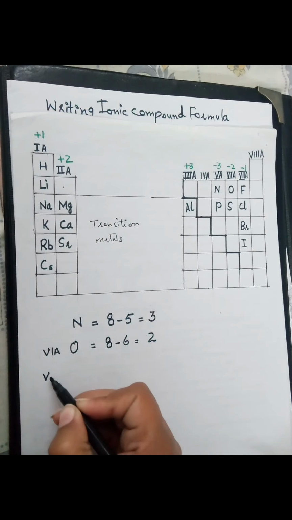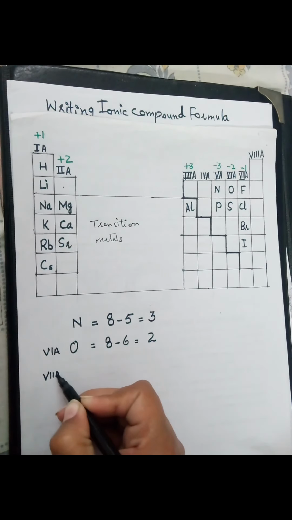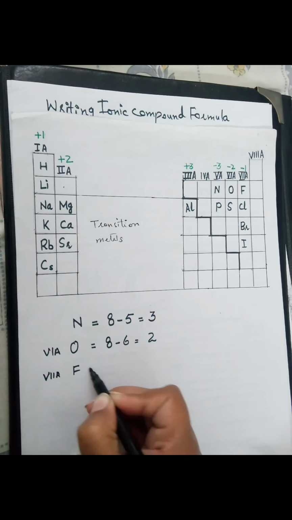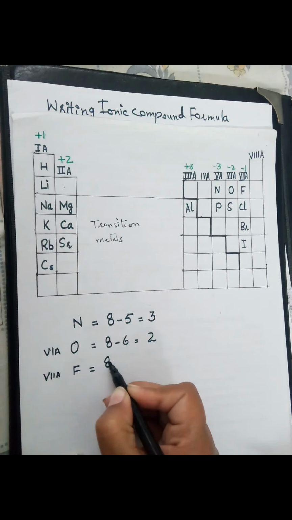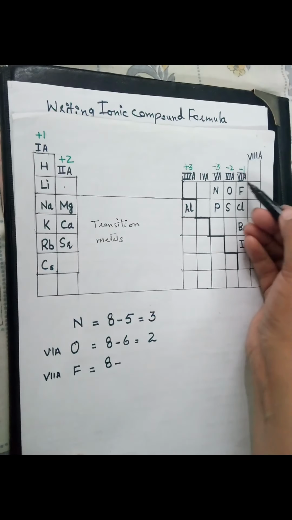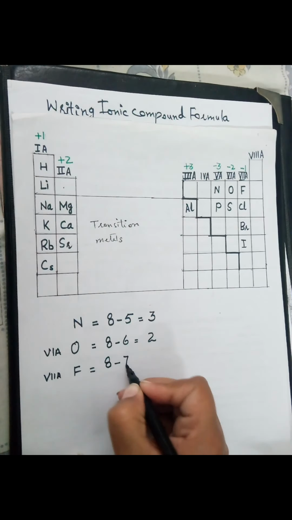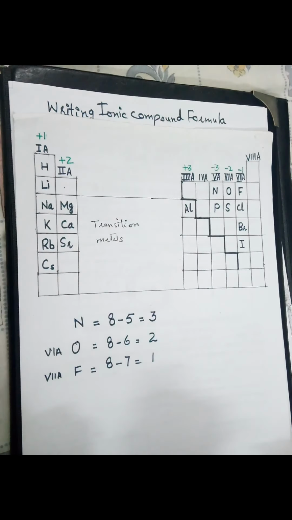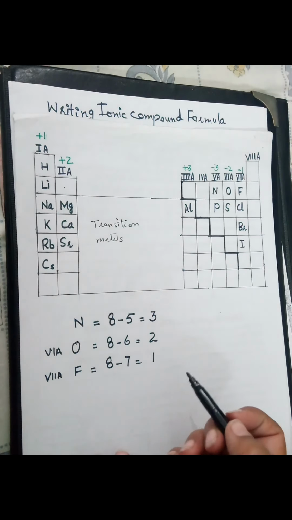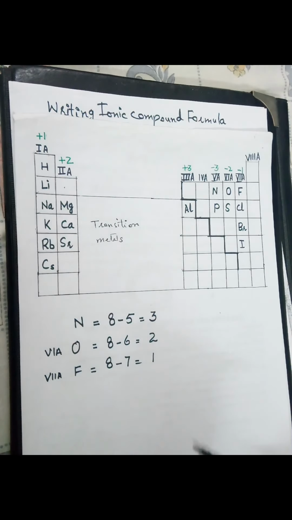And for elements of the 7A group, for example fluorine, I subtract the number of the group from 8. 8 minus, as the group is 7, so 8 minus 7 is equal to 1. Okay. So in this way we can guess the charges on the ions.